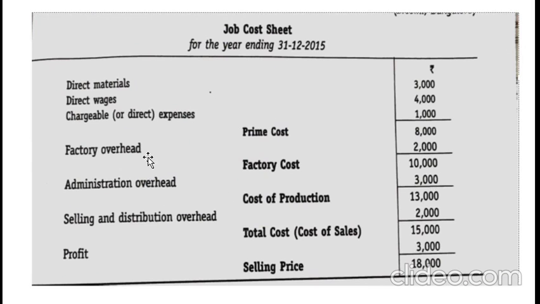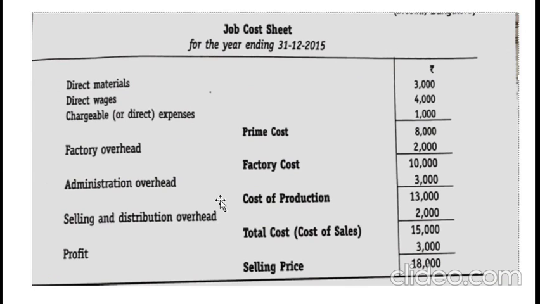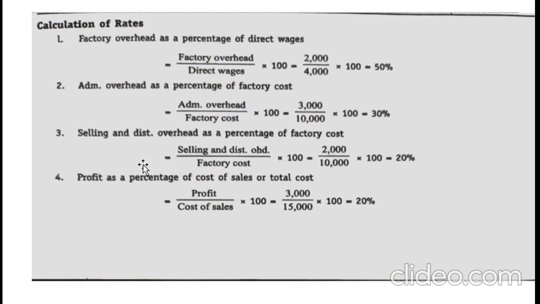And your factory cost as per the previous statement is 10,000. So administration overhead 3000 divided by 10,000 into 100 will give you 30%. So for your estimated cost sheet you will be charging 30% on your factory cost.